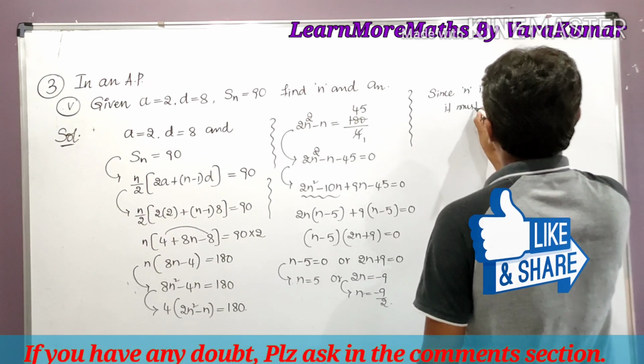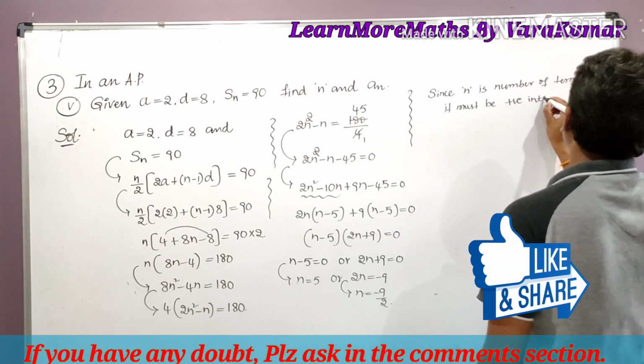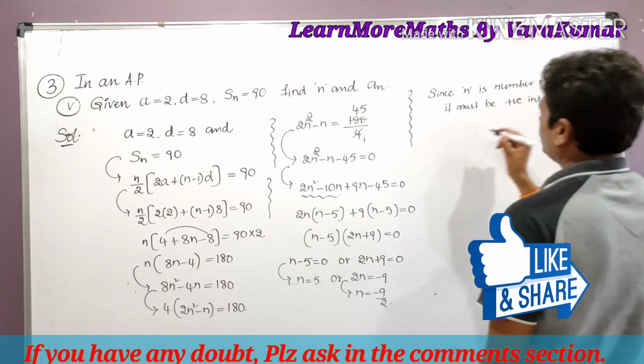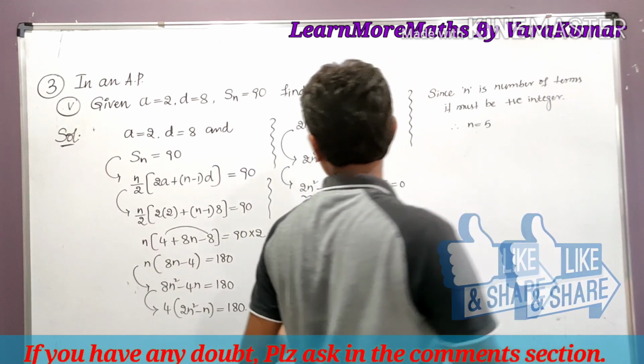So therefore n is equal to 5 is correct. n is equal to 5.